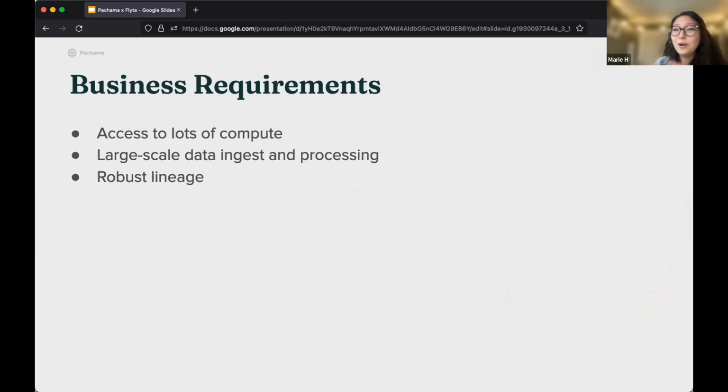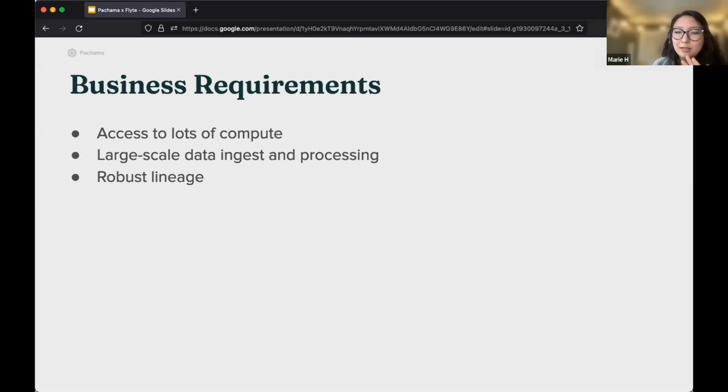To do all of this and meet our goals about quality, transparency, and scalability, there were a few high-level business requirements when we were looking for the right compute tools. A couple of things that shaped our decisions were access to lots of compute, large-scale data ingest and processing, and robust lineage.